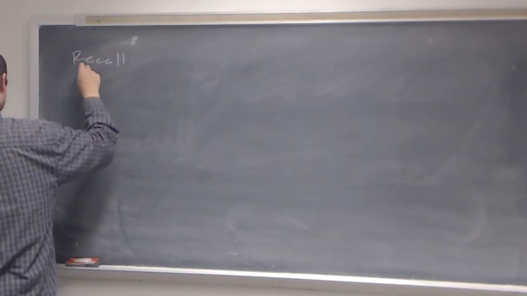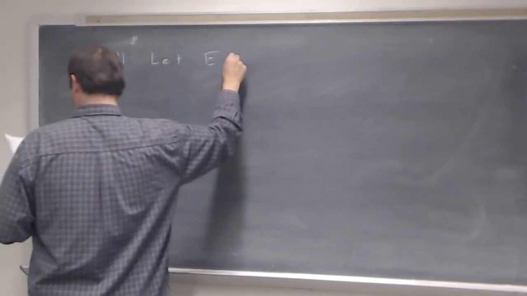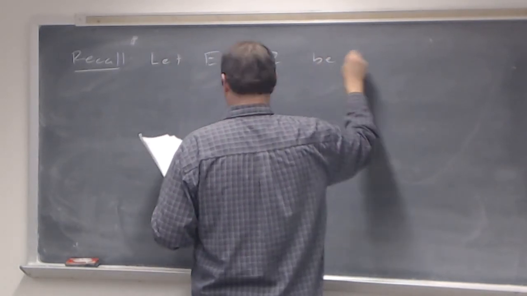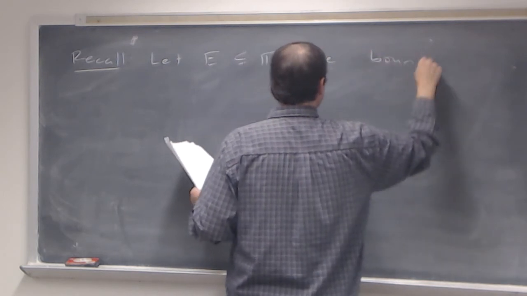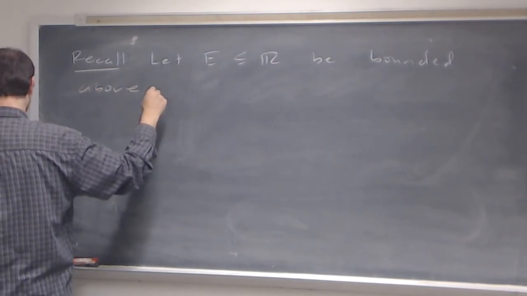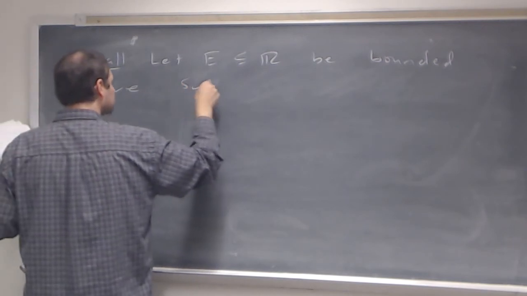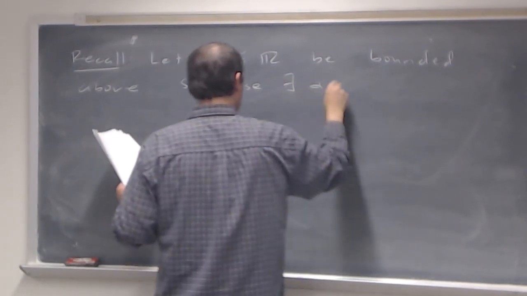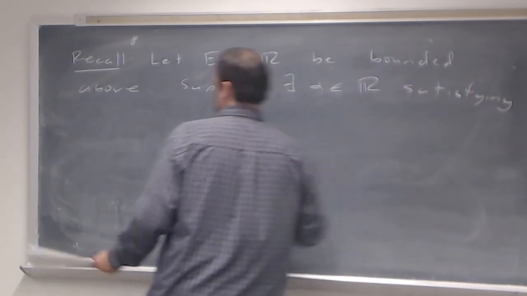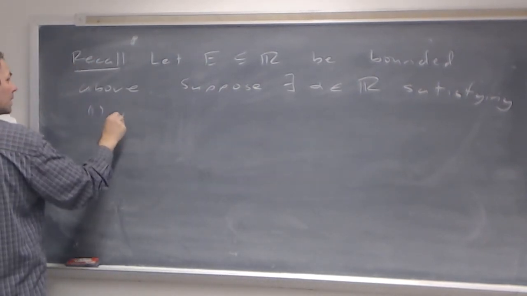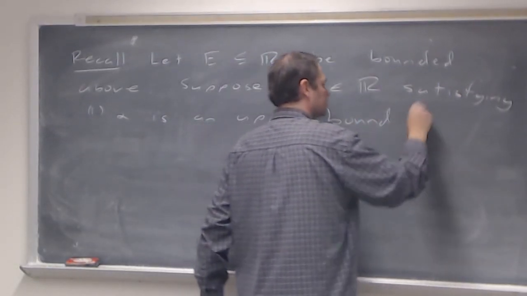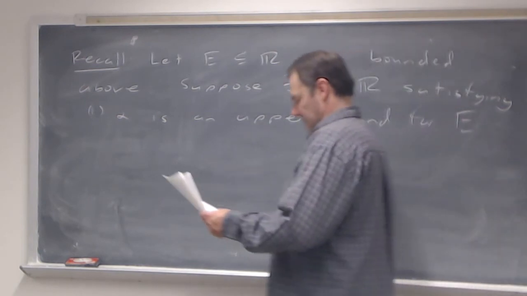Recall, if we let E be a subset of R bounded above, and then suppose there exists an alpha element of R satisfying one, alpha is an upper bound for E. So what does that mean?